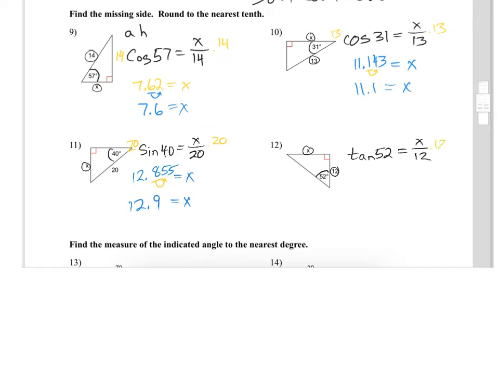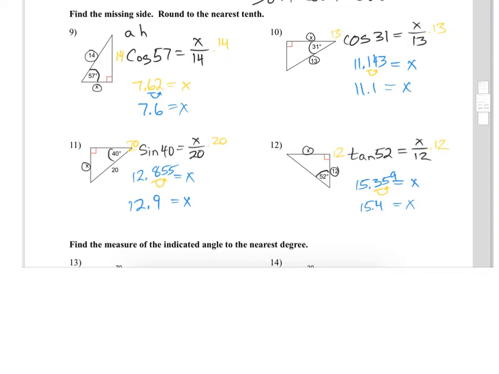So we're going to multiply by 12 on both sides and take 12 times the tangent of 52 on your calculator, and x is going to be equal to 15.359. I look at my tenths position, look to the number to the right, that's a 5, so my answer should be 15.4.